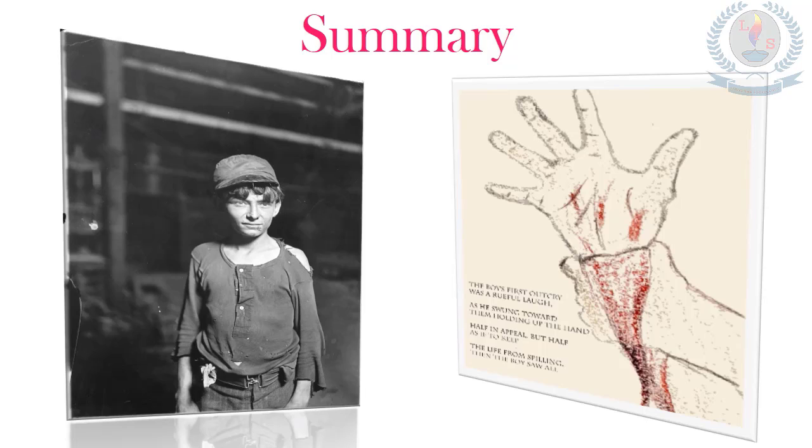After hearing that, this boy is excited, and accidentally he cuts his hand with the saw. By that time he begs his sister not to allow the doctor to amputate his hand.